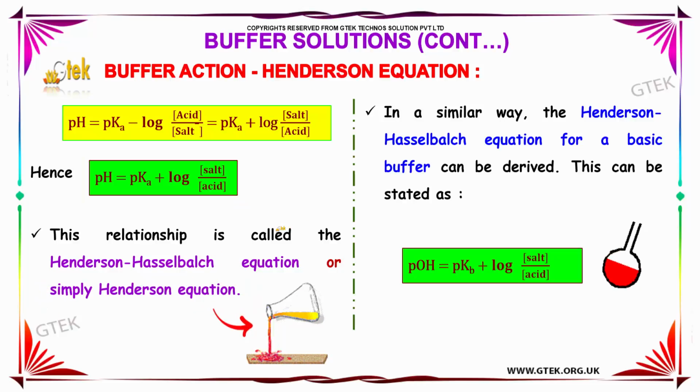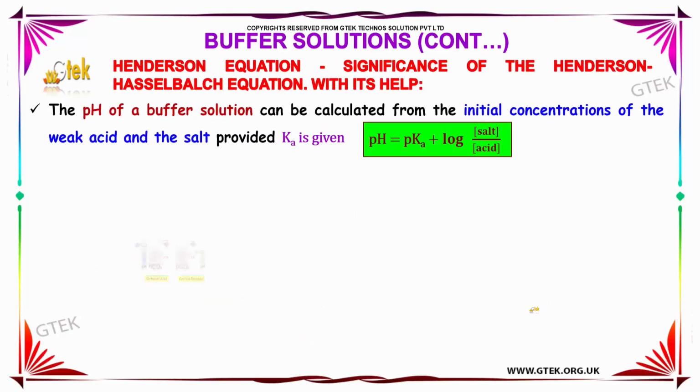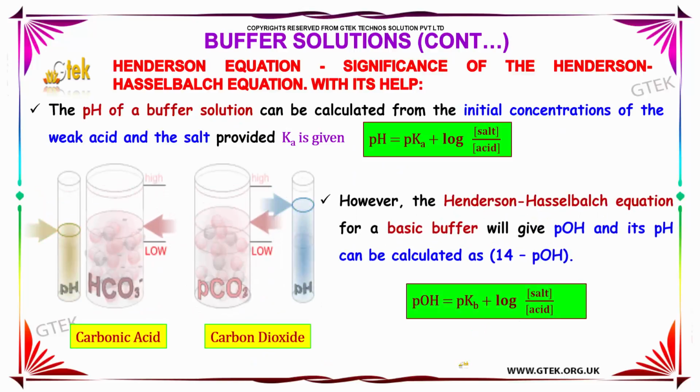In a similar way, the Henderson-Hasselbalch equation for a basic buffer can be derived. This can be stated as pOH equals pKb plus log of salt divided by acid. Let us now see the significance of the Henderson-Hasselbalch equation.